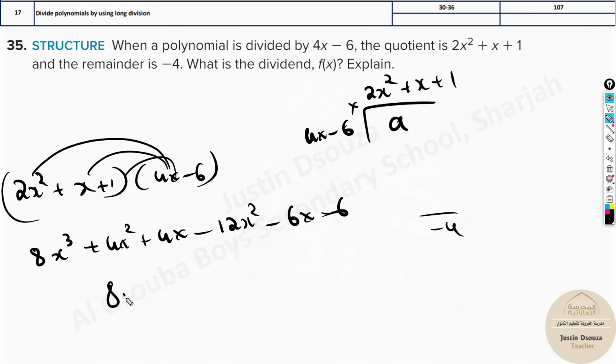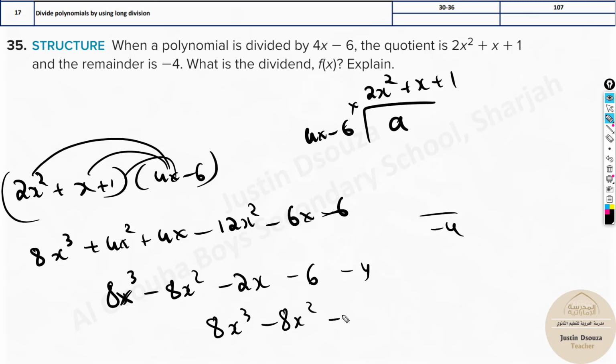Now simplify this: 8x cubed, then what is over here? Minus 8x squared, and lastly we have minus 2x, and over here it is minus 6. Now add the remainder, minus 4. The answer will be 8x cubed minus 8x squared minus 2x minus 6 minus 4, which will be minus 10. This is the final answer.